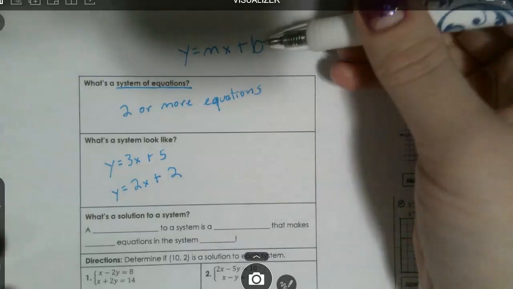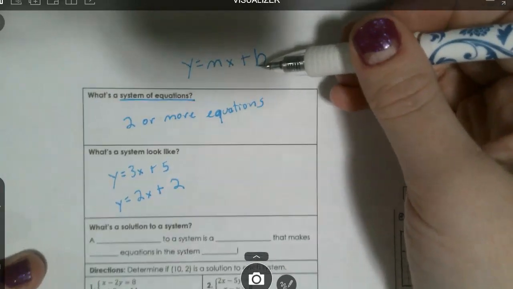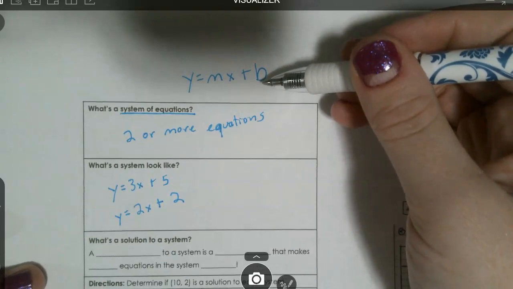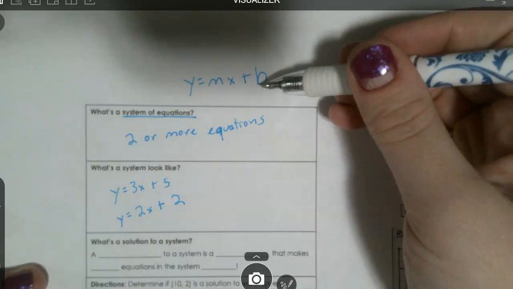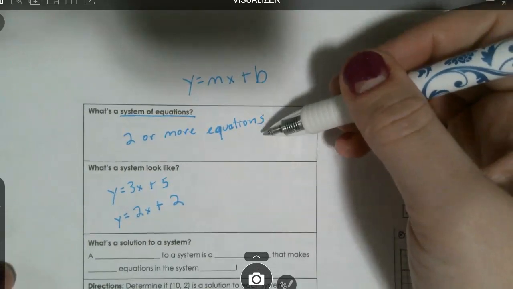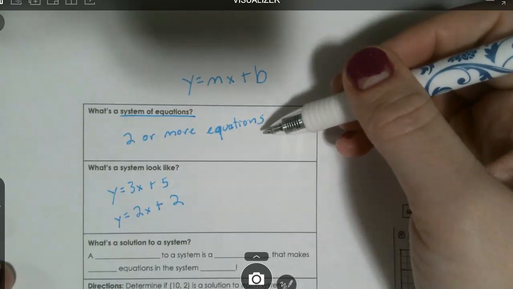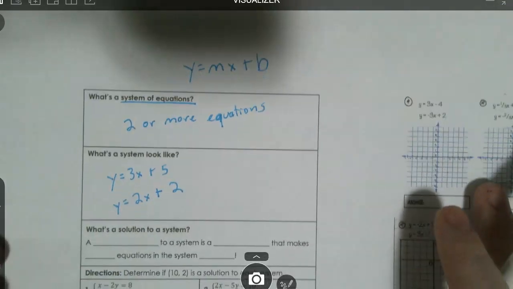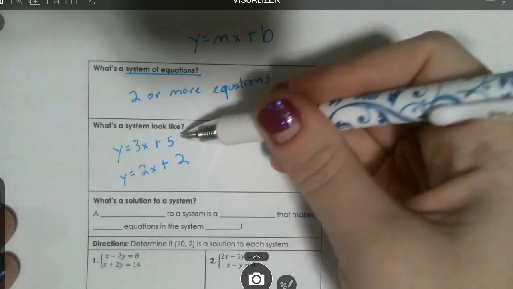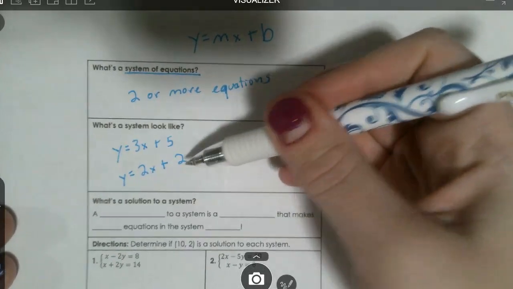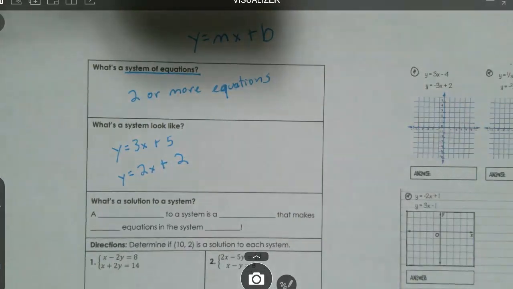When we drew a line for just one equation, we were looking for the answers for just one equation. But when we're looking for an answer for a system of equations, we are looking for something that's going to satisfy both of the equations at the same time.